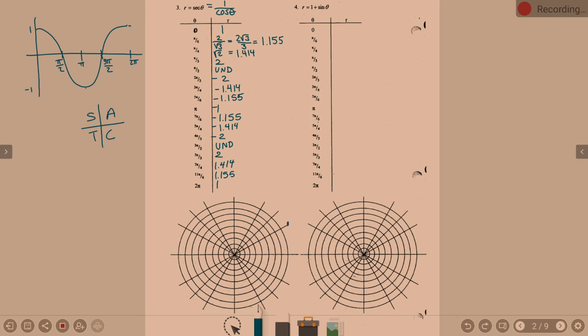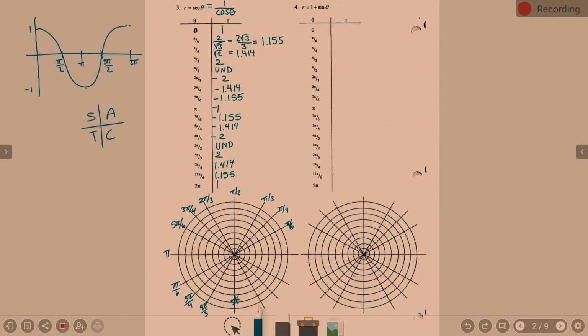So pi over 6, pi over 4, pi over 3, pi over 2, 2 pi over 3, 3 pi over 4, 5 pi over 6, pi, 7 pi over 6, 5 pi over 4, 4 pi over 3, 3 pi over 2.